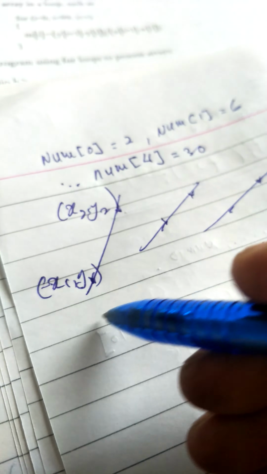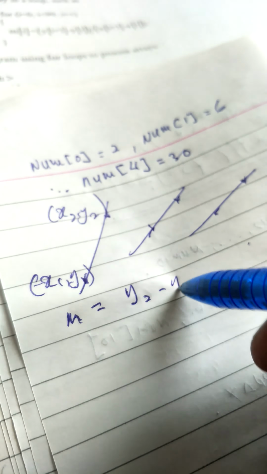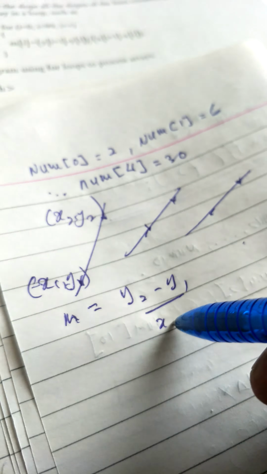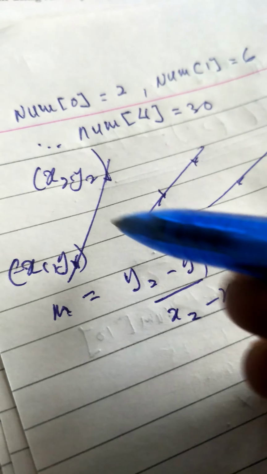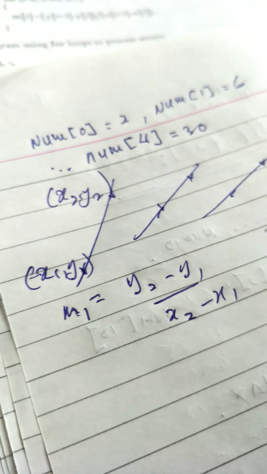Now, if we consider this as x1, y1, and this as x2, y2, then the slope is given as (y2 minus y1) over (x2 minus x1). Let's call this slope number 1, and we can have more.